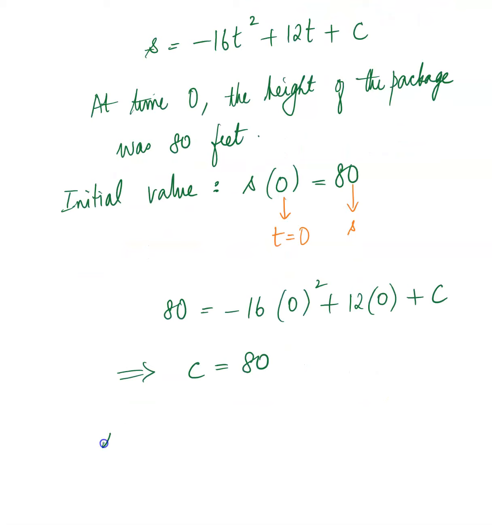So I say s, but it's actually s of t, so s of t equals negative 16t squared plus 12t plus 80. Wow, so we started from a of t, acceleration, we came down to v of t, from v of t we came down to s of t. We've got this. We're not done yet, because they want to find the time it takes for the package to reach the ground.